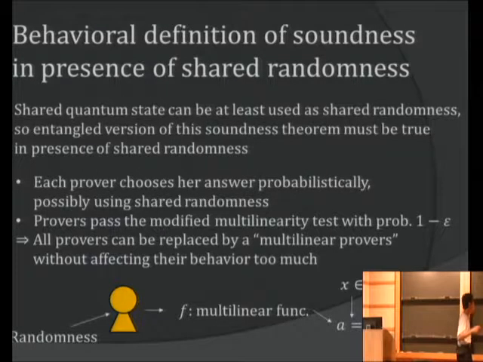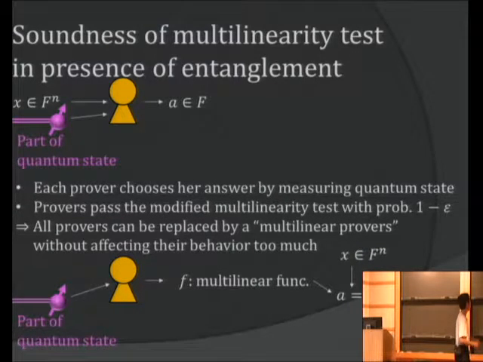But by formulating what we want to prove in this form, we can consider the case of entangled provers. So this is what we want. This is the quantum analog of the soundness of the multilinearity test.